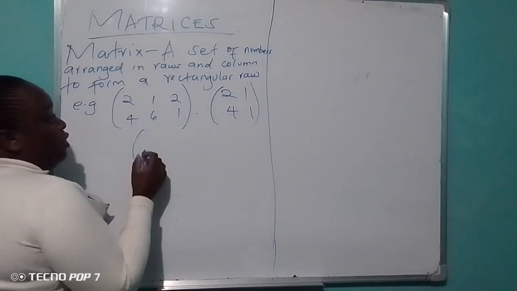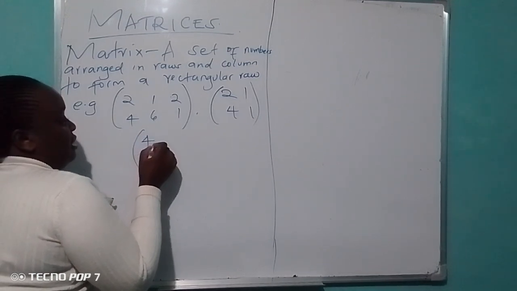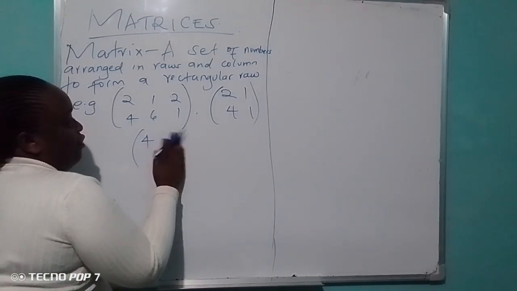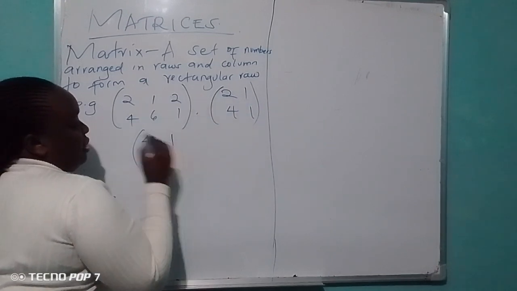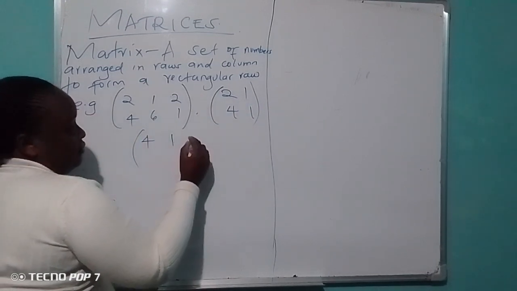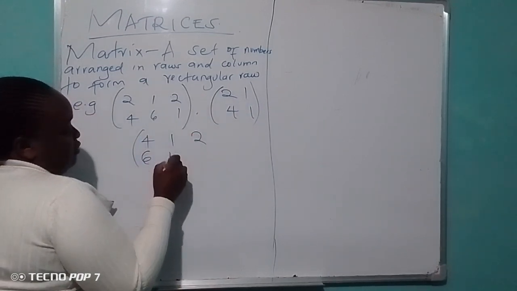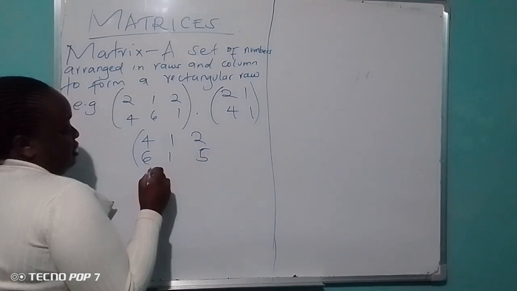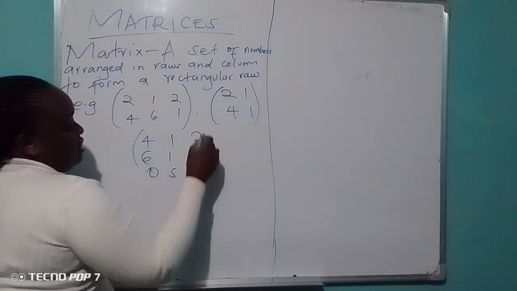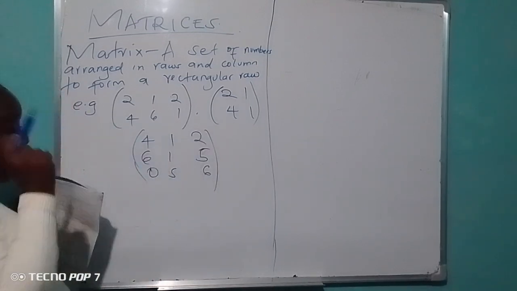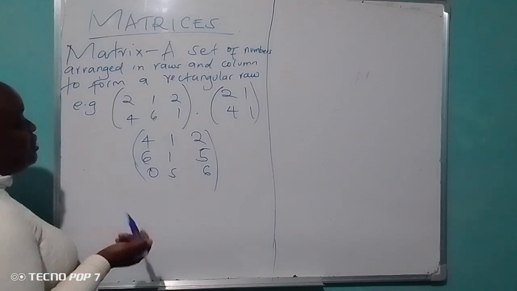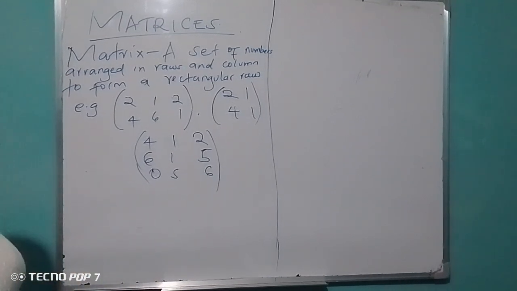Or you can also have something like 4, 4, 1, 2, 6, 1, 5, 0, 5, 6. So these are just examples of a matrix.